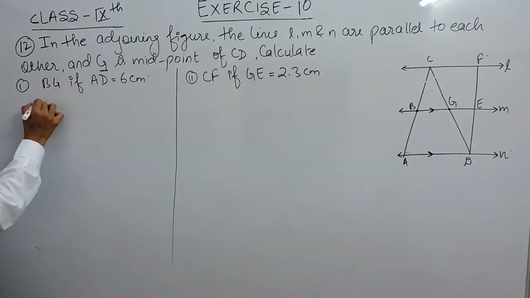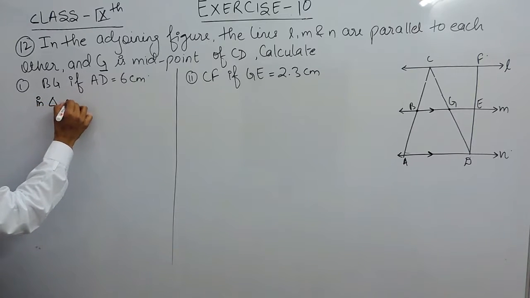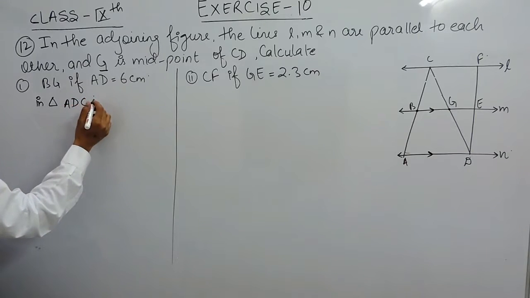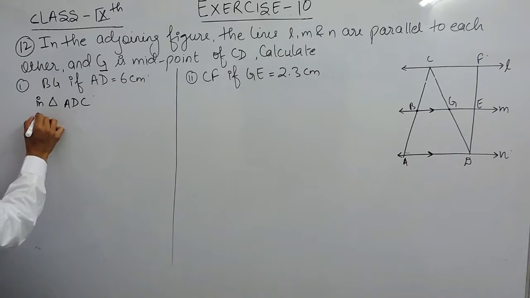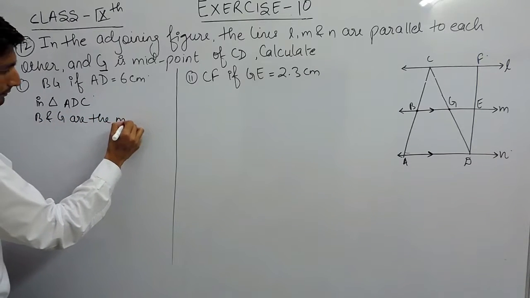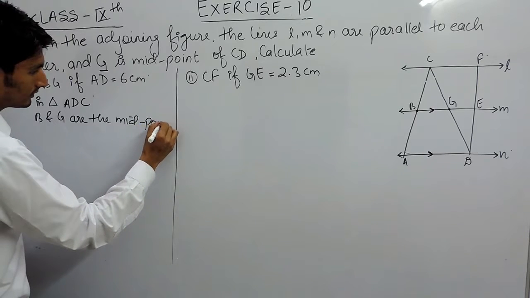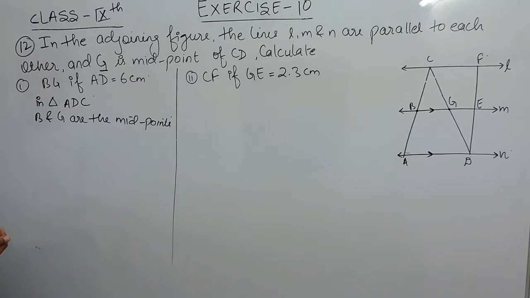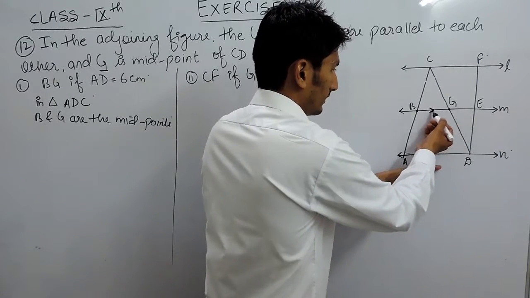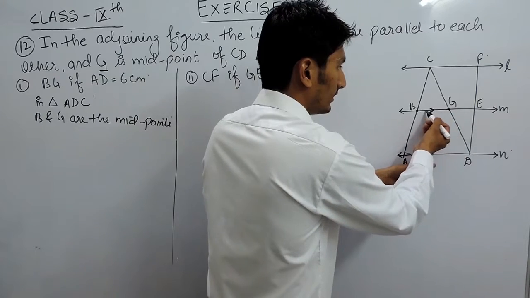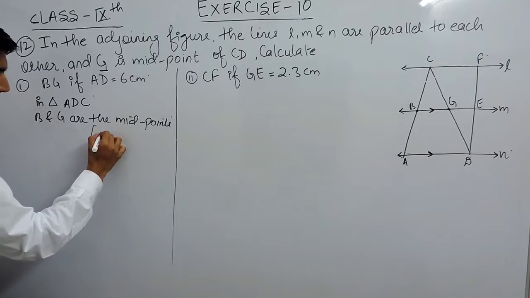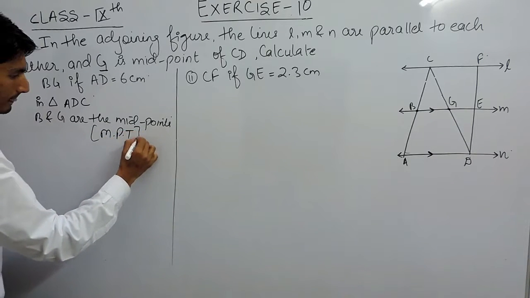So in triangle ADC, B and G are the midpoints, which I have proved because according to the midpoint theorem, if I draw a parallel line from one midpoint, it should meet another midpoint. So I am saying this because of the midpoint theorem.